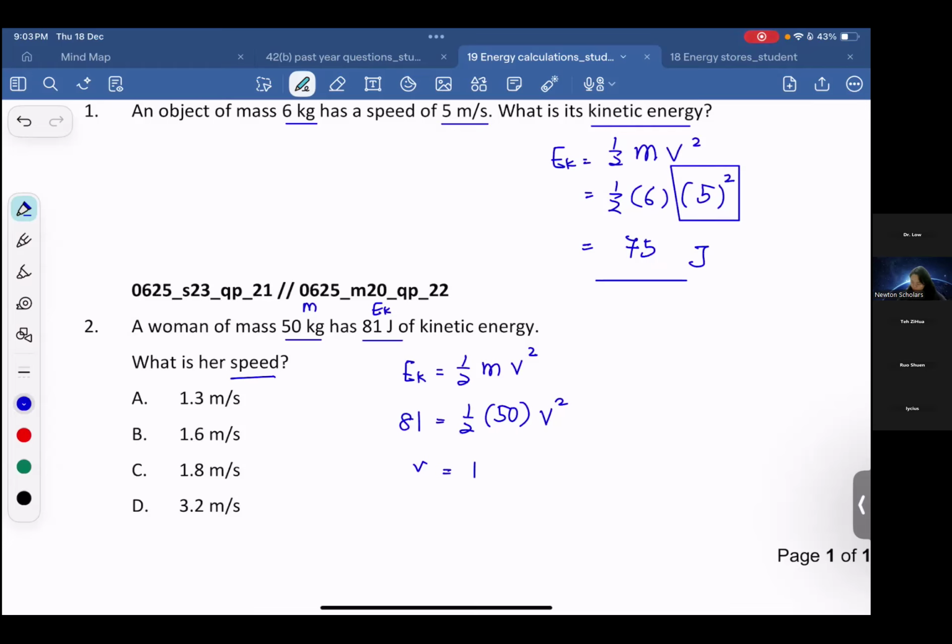Correct, 1.8 meter per second. You don't wait for the answer, you have to press. I want to make sure you know you need to square root it. This is mathematics. Answer C.